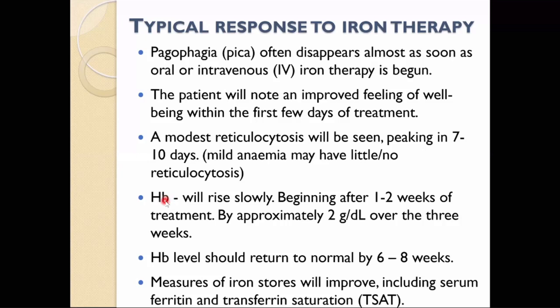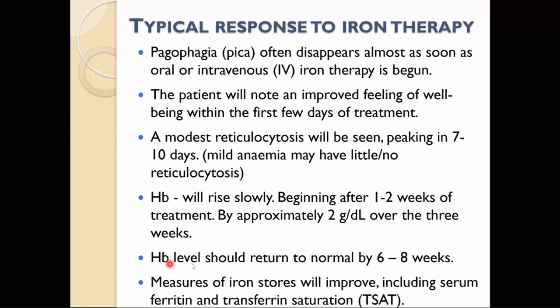The hemoglobin will start to rise slowly, and it will begin after about 1 to 2 weeks. But within 3 to 4 weeks, right, there should be about a 2 grams per deciliter rise. So this patient should have achieved at least 10 to 10.5 hemoglobin after 4 weeks.